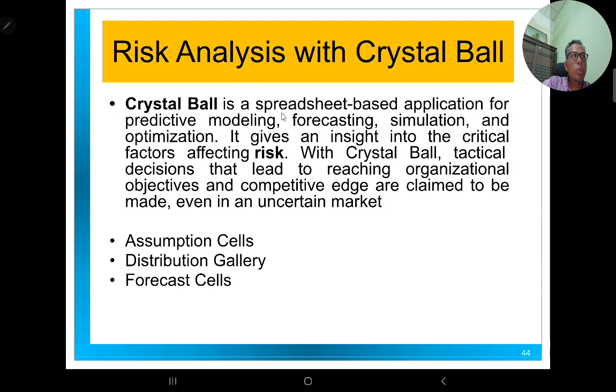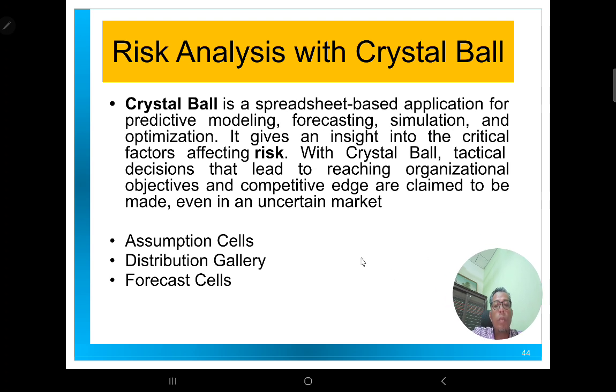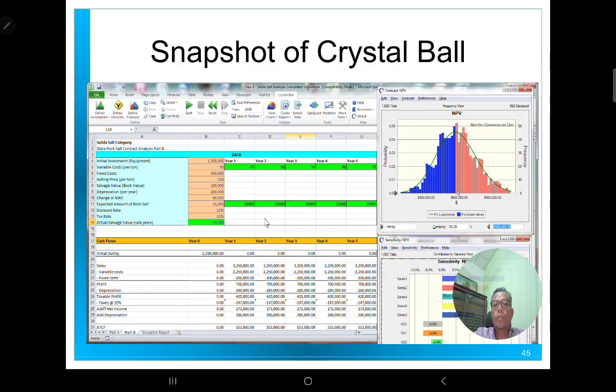There is also software they call Crystal Ball. It's a spreadsheet-based application for predictive modeling, forecasting, simulation and optimization. It gives some insight into the critical factors affecting the risk. So this is another application that you can use to identify whether the project is worth implementing or not.